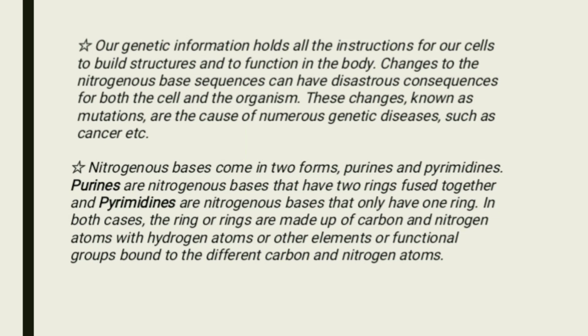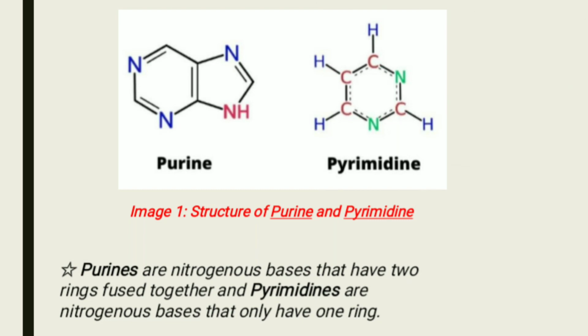So nitrogen bases come in two forms: purines and pyrimidines. Purines are nitrogen bases which have two ring structures fused together, and pyrimidines have a single ring structure. As you can see in the slide, where I have given a general view of a purine and a pyrimidine, the purine has the two ring structure bound together and the pyrimidine has a single ring structure.